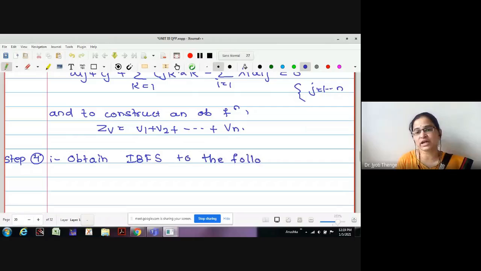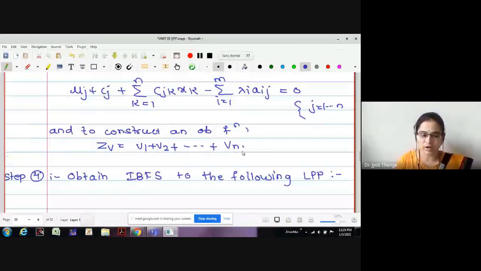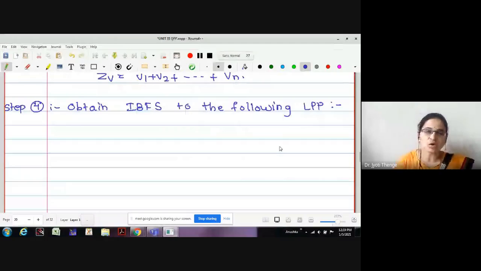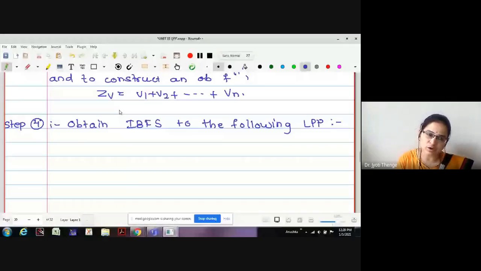Now check, we were going to construct a linear programming problem. With the help of Kuhn-Tucker conditions of a quadratic programming problem, we were constructing a linear programming problem. What is the objective function? As discussed just now, we want to minimize the sum of artificial variables. So minimize Zv = V1 plus V2 plus so on up to Vn.